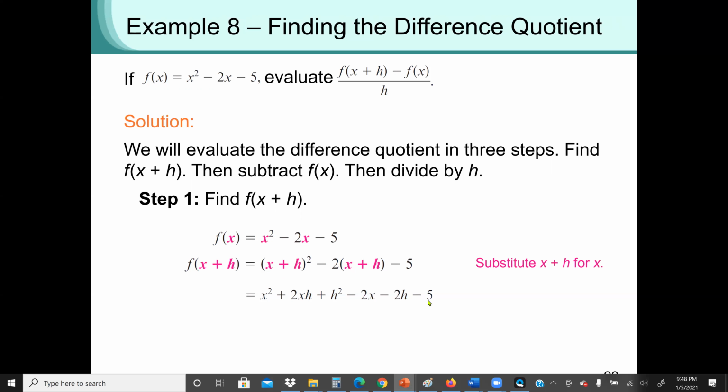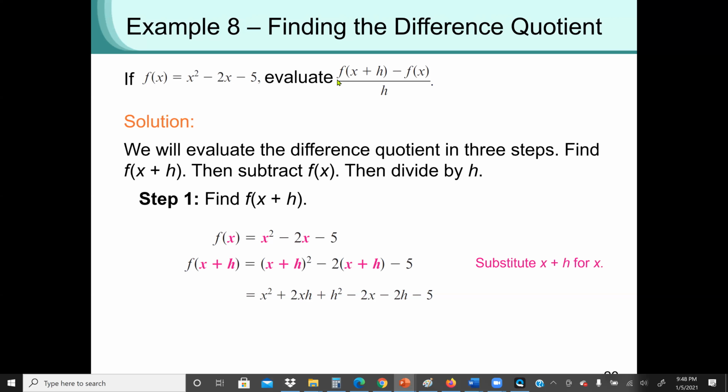Here we combine all the possible terms. We have x squared by itself, only one 2xh, only one h squared, and then minus 2x minus 2h minus 5. So now we have the answer for f at x plus h.